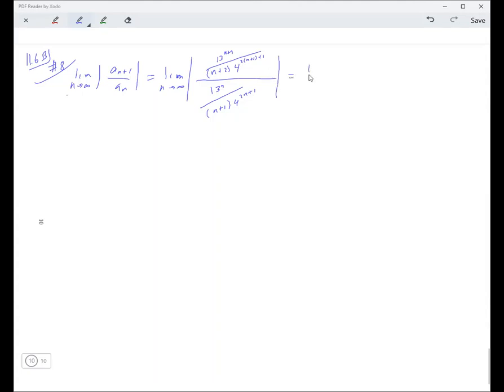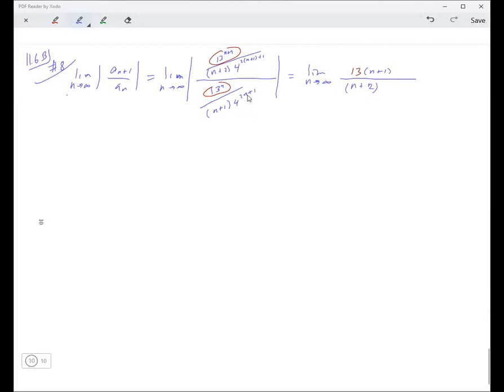And let's see. So this and this, they just reduce to 13. And then we have this goes to the top, n plus 1 up here, and this n plus 2 goes down here.